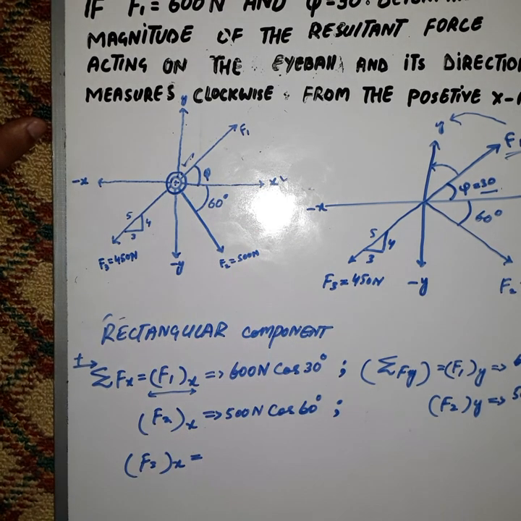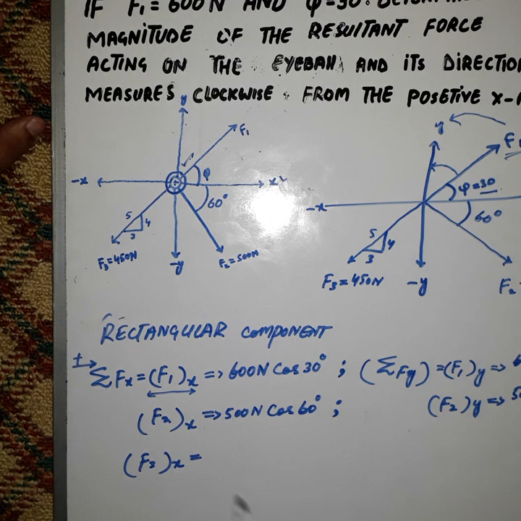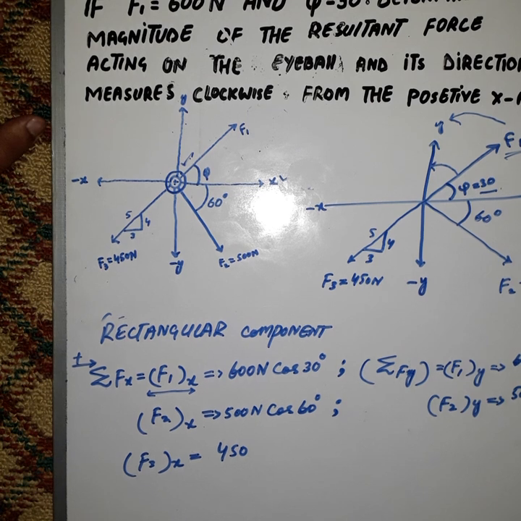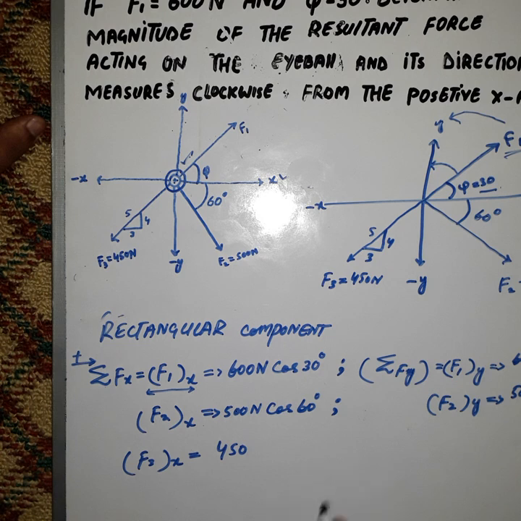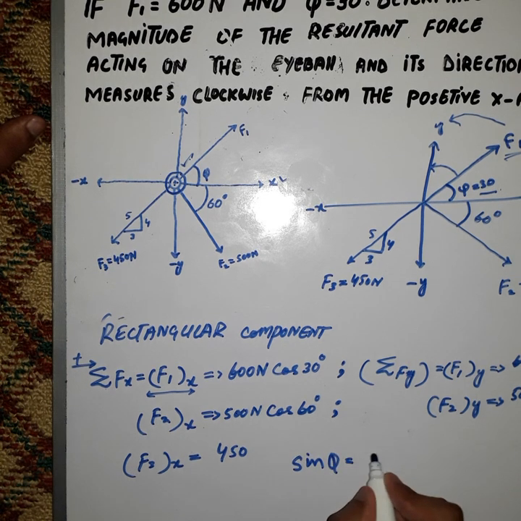How will you find the F3 of x, because the angle is not given with the y-axis and the negative x-axis? The force given is 450, understand, and we know that sine theta is equal to perpendicular over hypotenuse.